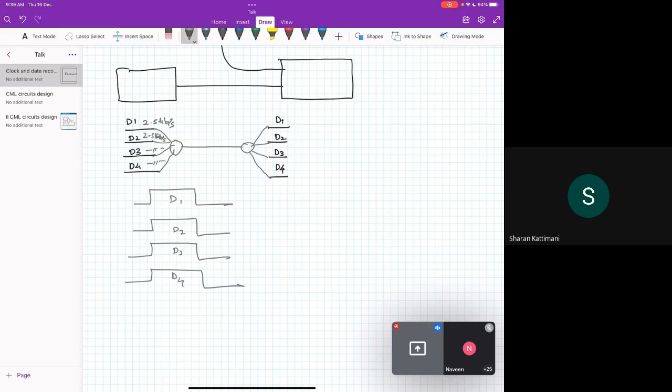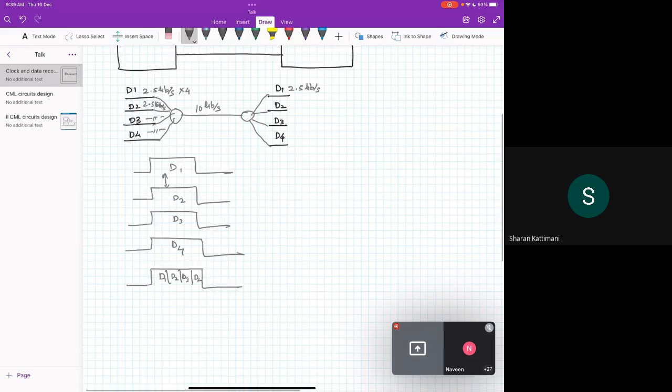When you combine all of them, in the same period you need to put all this information. So the time period will remain the same, but you will put it in the form like this and send. If you look at 2.5 gigabit per second, you need to multiply it by 4, and here the total transmission rate will be 10 gigabit per second. And again you will demux it and again get a 2.5 gigabit per second data rate here.